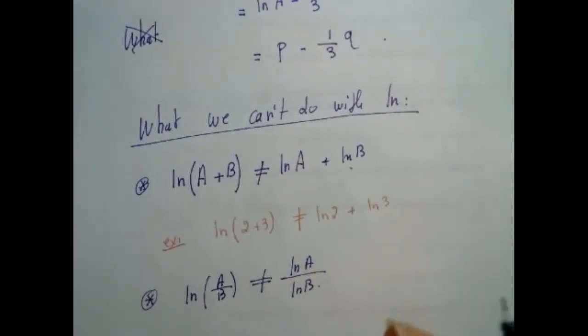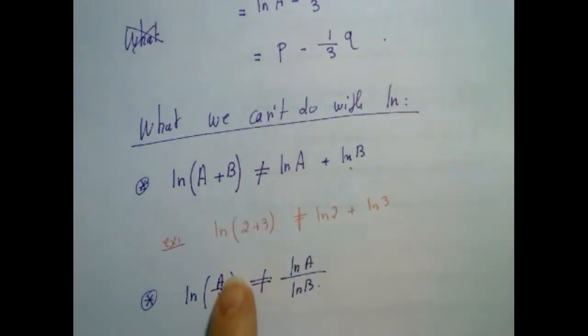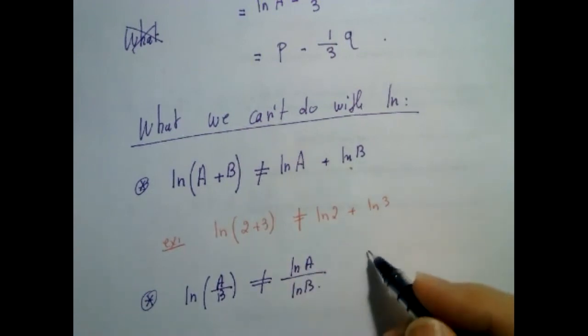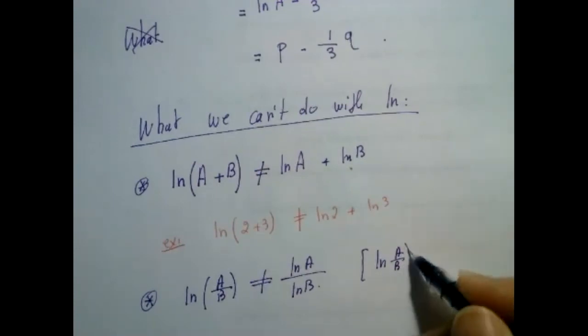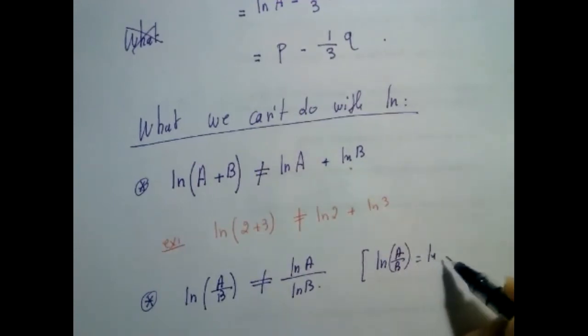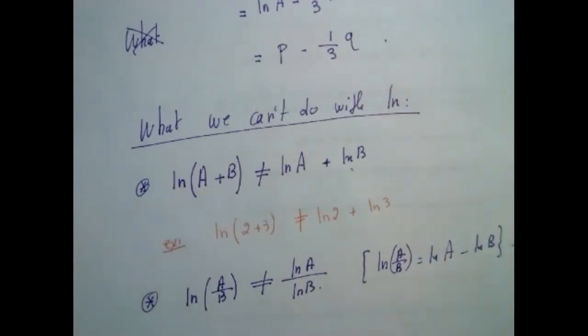So we cannot really play with the log the way we actually want. We have to be very careful with the properties we use. If you have a sum, you cannot split. If you have a over b, it's not ln of a over ln of b, because the actual property is the difference, ln of a minus the ln of b. So we have to be very careful with the property.